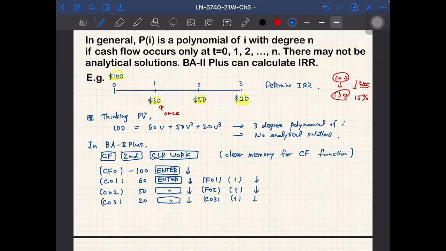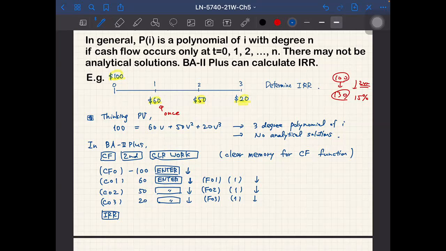Now that we entered everything, maybe you can see C04, but we have already entered all necessary cash flows. So we want to calculate the internal rate of return. This is a little tricky, but we press the IRR button, which is the second row, the second one from the right.